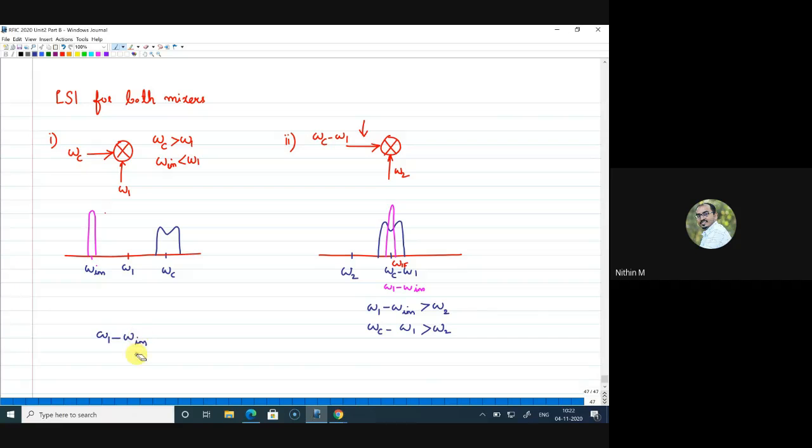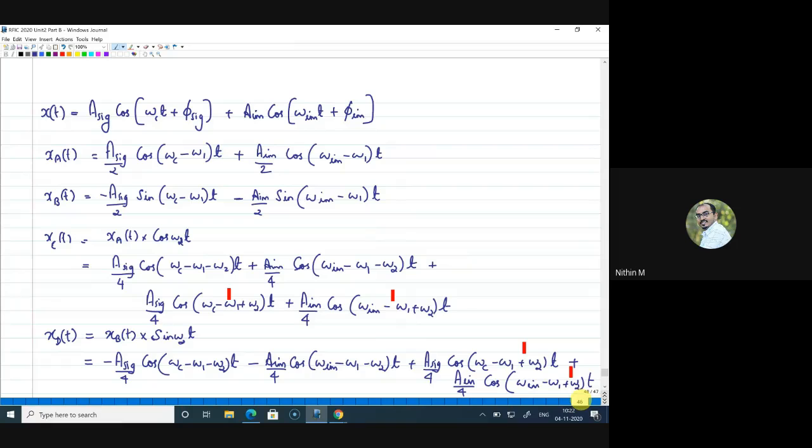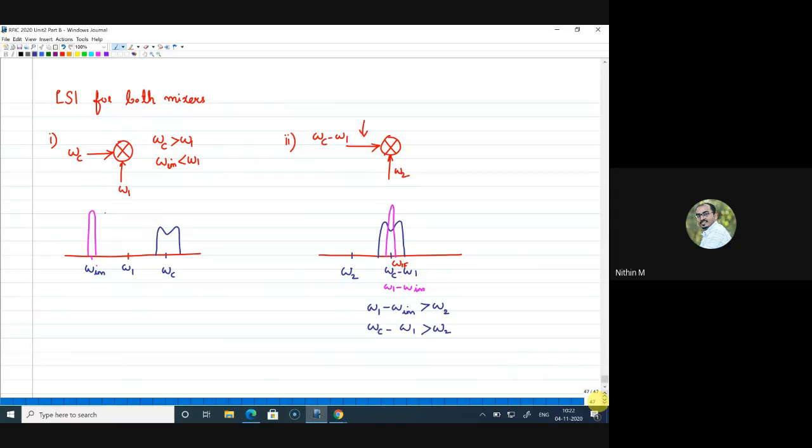Now with this understanding, can you tell me which components can be removed, or which are the high frequency components here? Got an idea? Because we know that omega C minus omega 1 is greater than omega 2, and omega 1 minus omega IM is also greater than omega 2. Now the low frequency component should be omega 1 minus omega IM minus omega 2. That means omega 1 minus omega IM plus omega 2 is definitely greater than omega 1 minus omega IM minus omega 2.